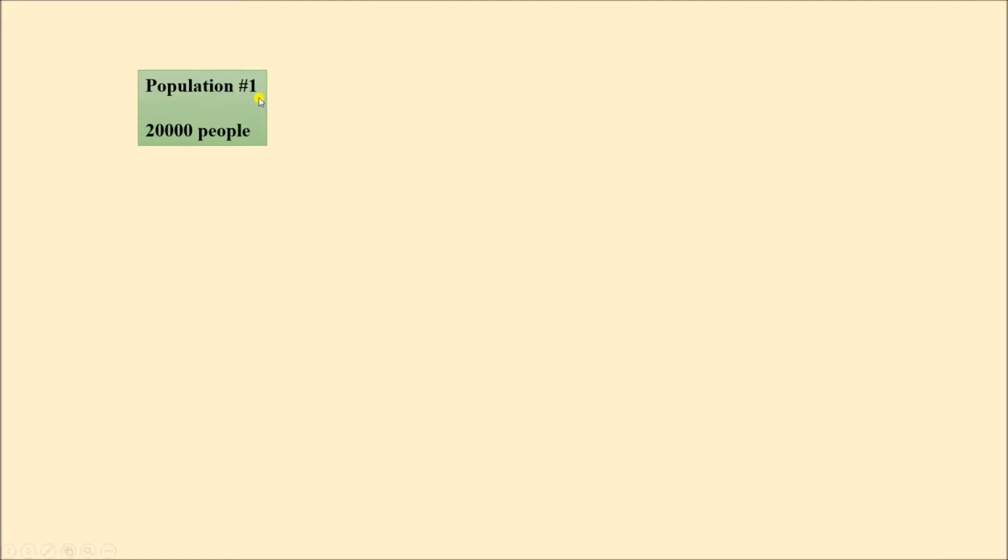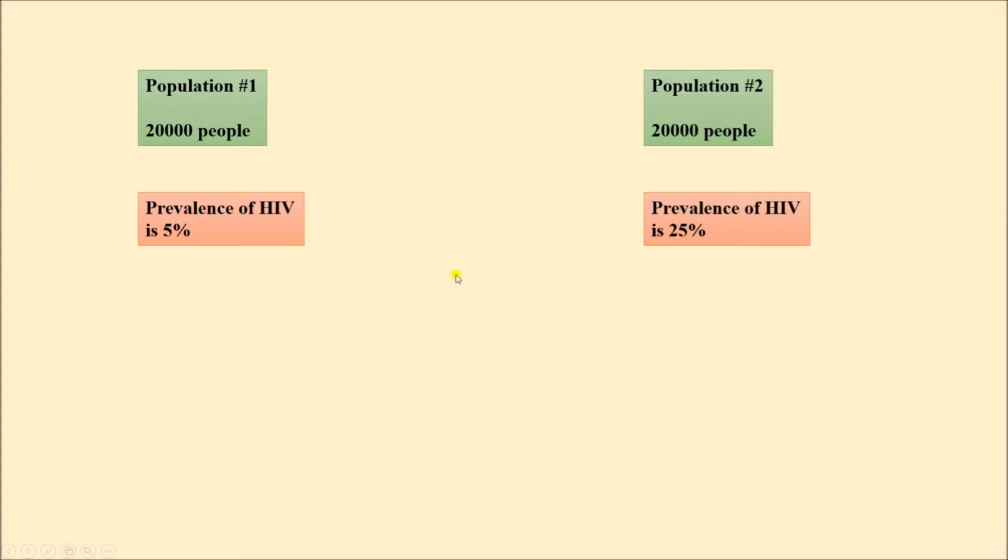So we have the first population where there are 20,000 people as I mentioned earlier, and also the second population, or population number 2, with 20,000 people. So both these populations have the same number of people in them. This is followed by prevalence of the disease. In the first population, the prevalence is 5%, we know, and in the second population, the prevalence is higher, that is 25%.